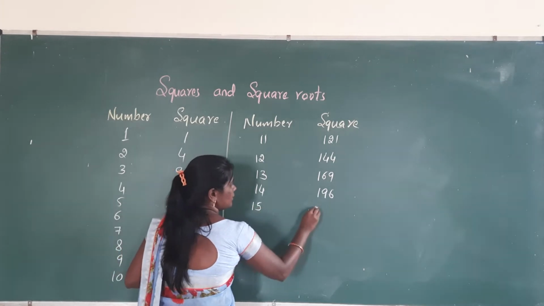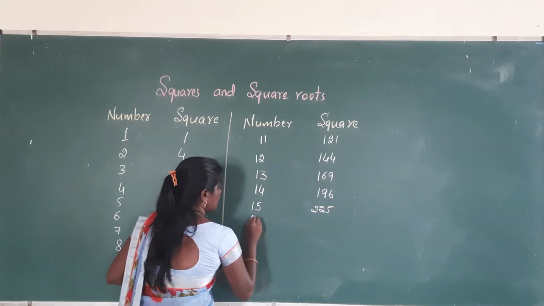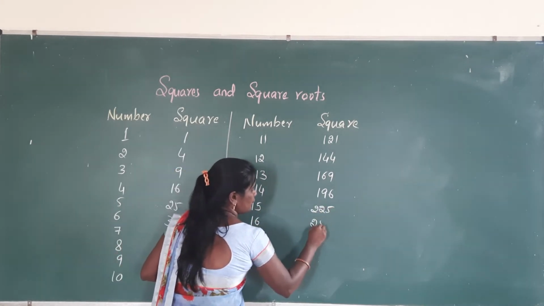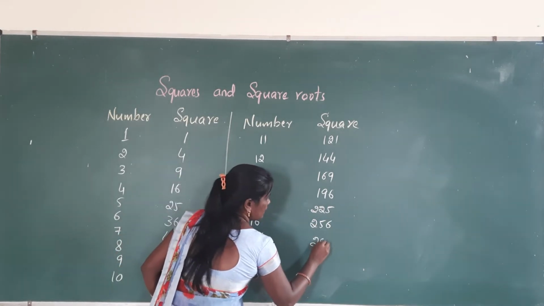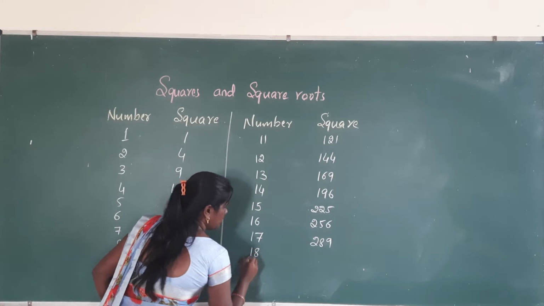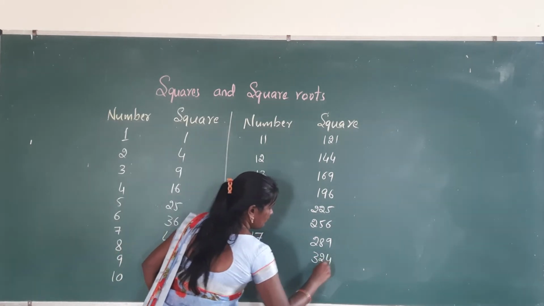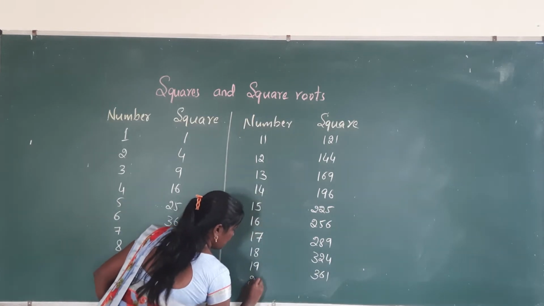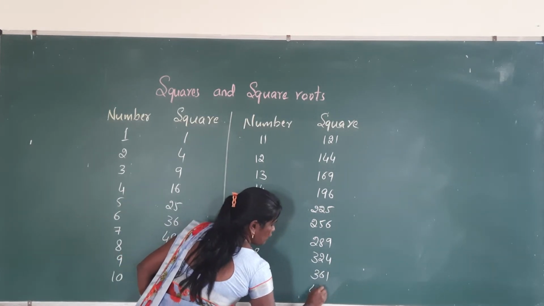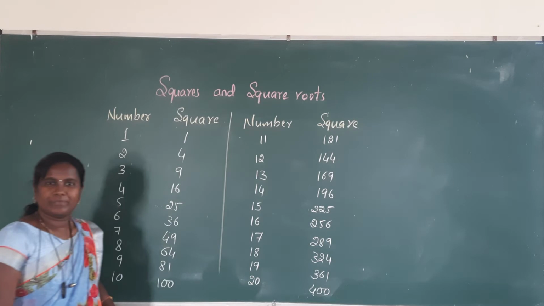Then 15 is 225, 16, then 19 is 361, then 20, its square is of course 400.